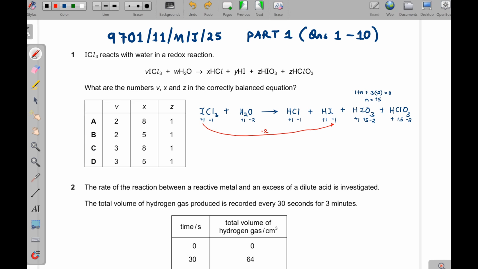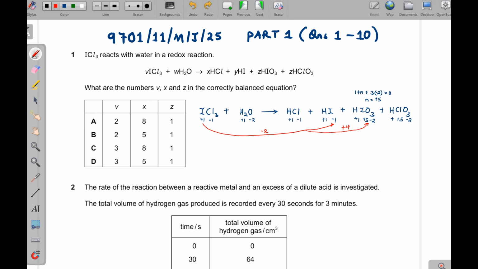Okay, but then there is also this one here, +5. So that means this one is a +4. You see, 1, then +4, then we get this. So this is a disproportionation reaction, because iodine here, we can see that it is reduced, and then here it is oxidized.